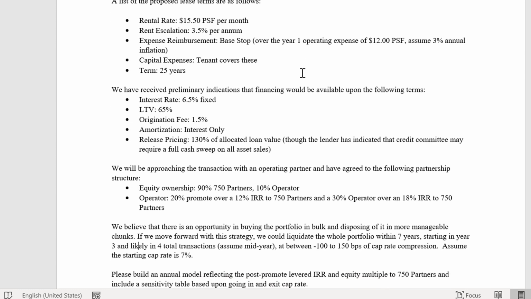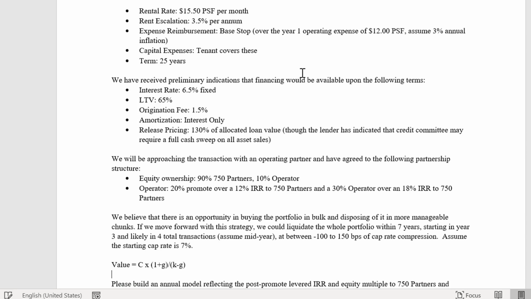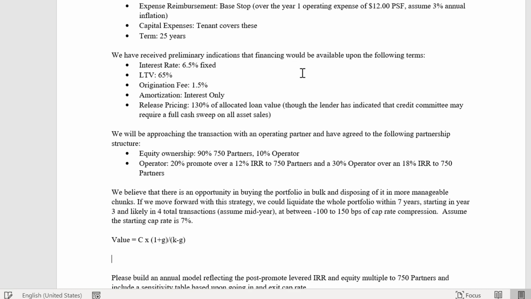And then there's this thing called cap rate. If we do a regular old stupid old Gordon's model, it's C times 1 plus G divided by K minus G. Now what they do is essentially, C is the cash flow, and the cap rate is the cap rate. I'm sorry, I'm going through this basic thing for the people who are real estate experts.